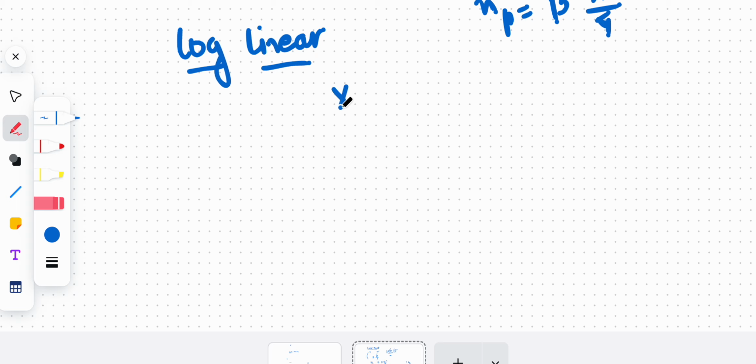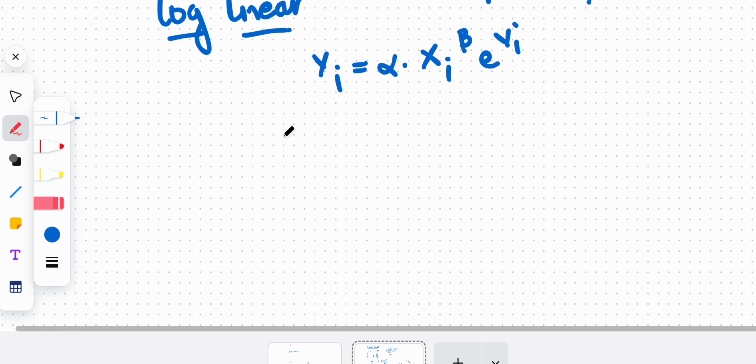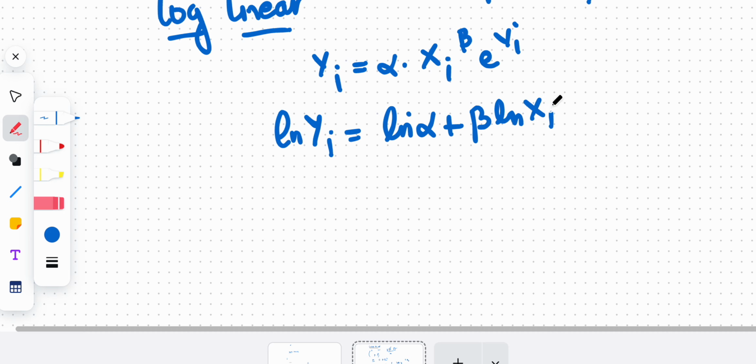Yes, yi = alpha xi^beta e^vi. Now if I take log on both sides, it will become ln alpha plus beta ln xi plus vi.